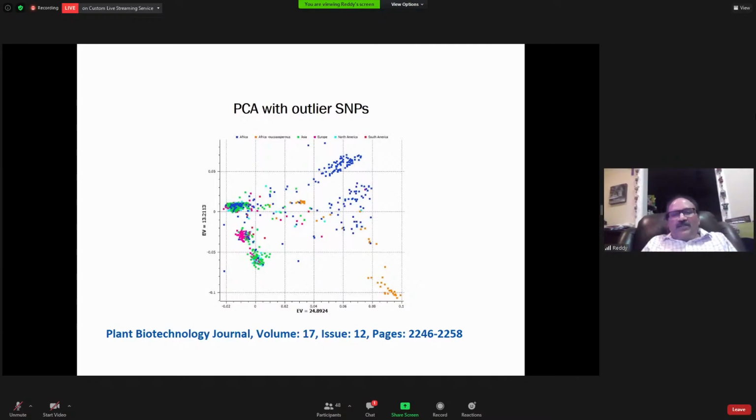Those collections were sequenced, and then we identified how diverse they are, the worldwide collections. These are the cultivars, these are semi-domesticated lines, and these are the wild species from which the watermelon evolved.